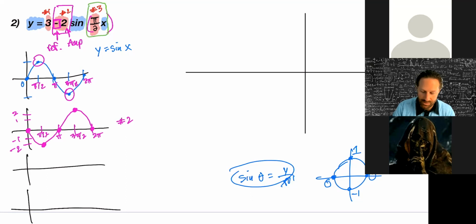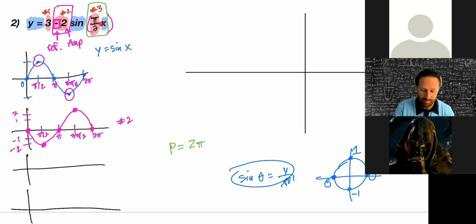Now, we said that the period of this is always going to be 2 pi, right? From here to there, it's going to be the same. But when it's multiplied by pi over 2, remember, it's going to have the opposite effect. X's want the opposite of us.